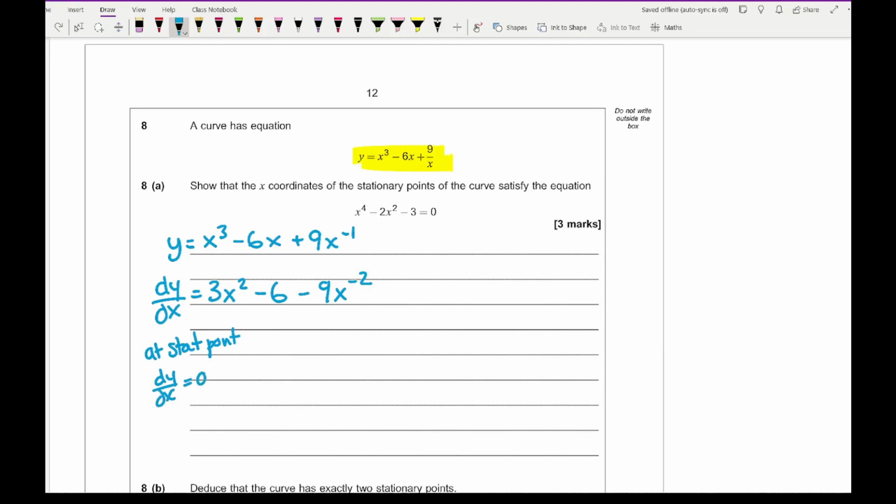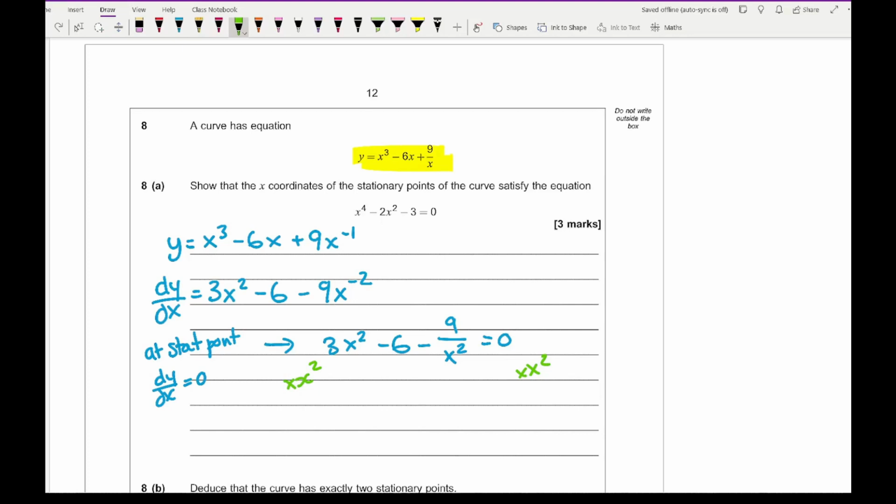So then what we get is 3x squared minus 6 minus, and if I write this as 9 over x squared, equals 0, I can then multiply everything by x squared to get rid of that fraction.